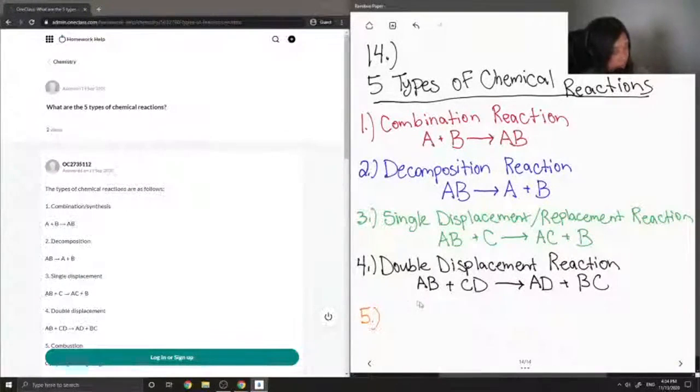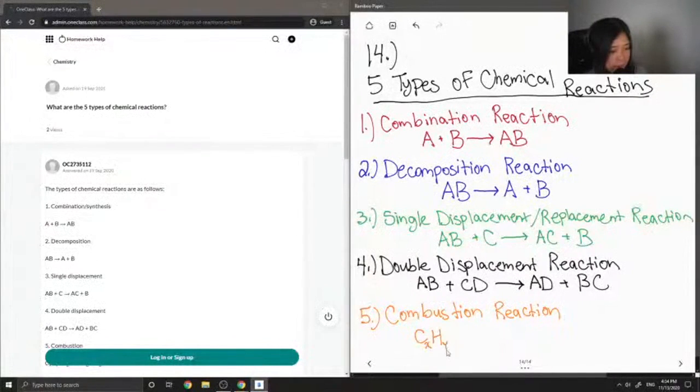And the last type of chemical reaction is just simply called a combustion reaction. So combustion reactions are pretty easy to identify. That's because they always have like a hydrocarbon group.